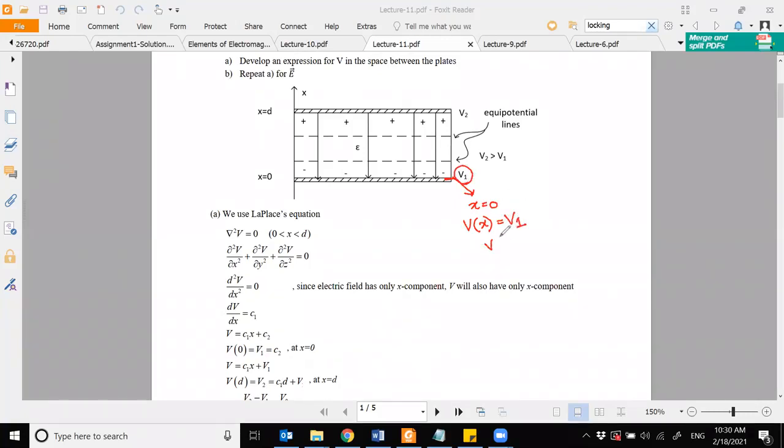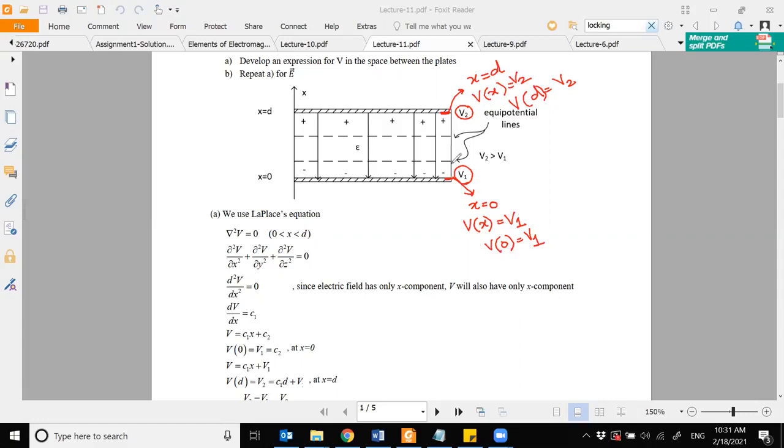Or I would say V of 0 should be equal to V1. Then here, when x is equal to d, my potential must be equal to this plate potential V2. Or I would say V of d is equal to V2. Got it?